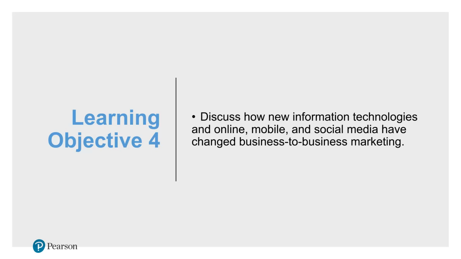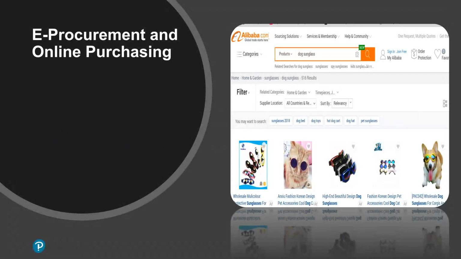Now that we've talked about the business decision process and how a business makes that final decision all the way through the review process, let's discuss how technology and online and social media have changed B2B marketing. Again, e-procurement and online purchasing is huge.